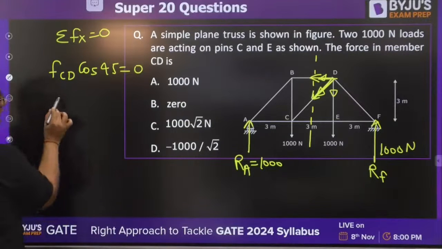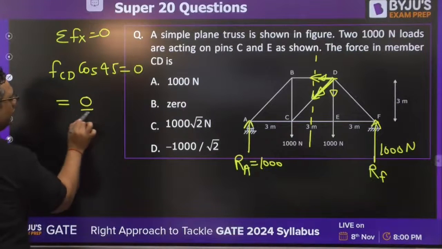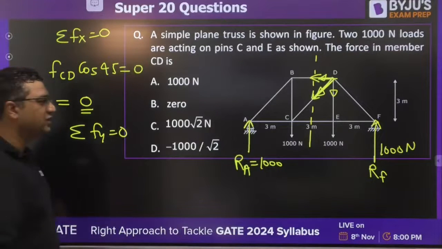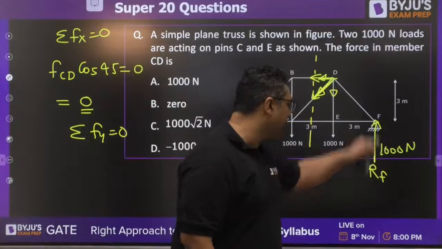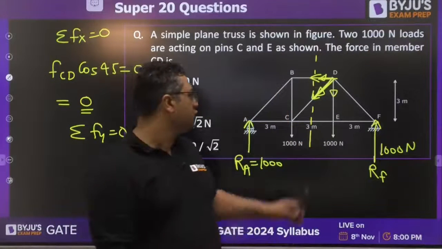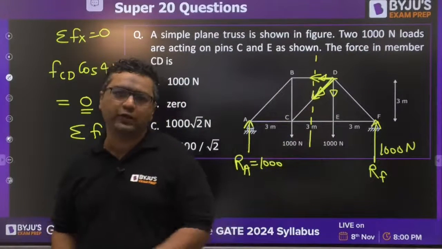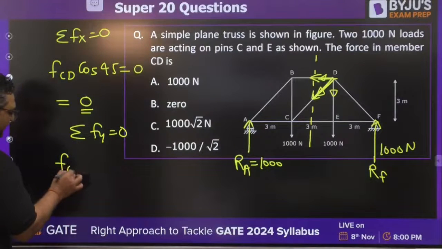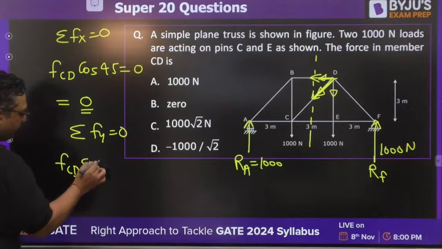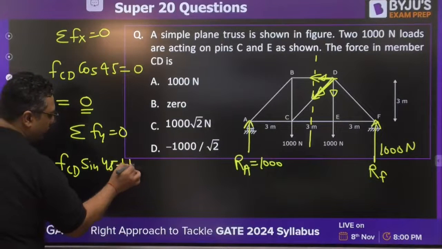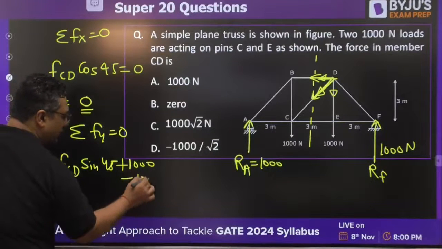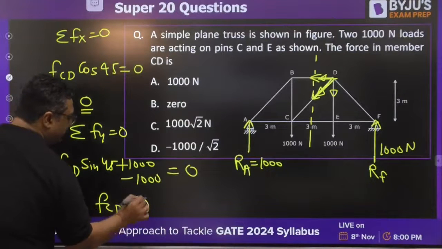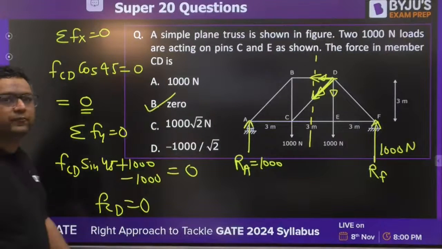Okay, and then you will be getting this answer to be 0, or you can go by summation Fy 0. Then also the answer will be same, because this 1000 and this 1000 will be balancing each other. So the vertical component of this force is going to be 0. In that way also you can write FCD sin 45 plus 1000 minus 1000 is equals to 0. Then also FCD will be coming out to be 0, and the answer is B for it.